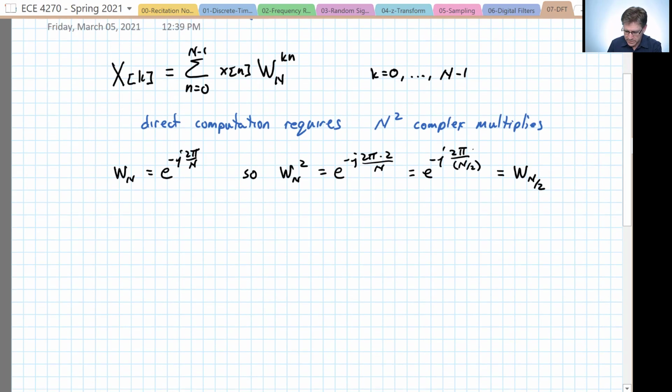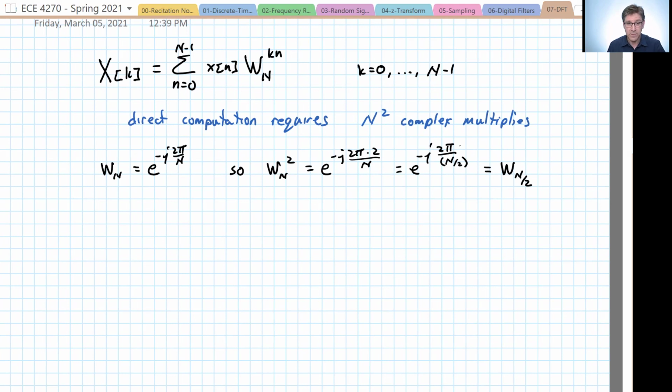So we'll use this property coming up pretty soon. All right, time to jump in and develop our fast Fourier transform. We're going to start by splitting X of k into two sums. We will have the sum over n even of x[n] W_N^(nk), and the odd ones.